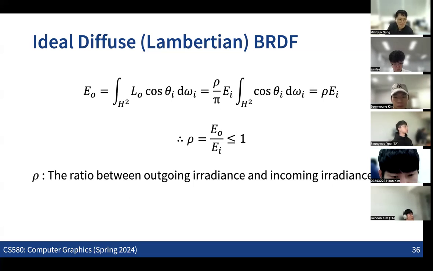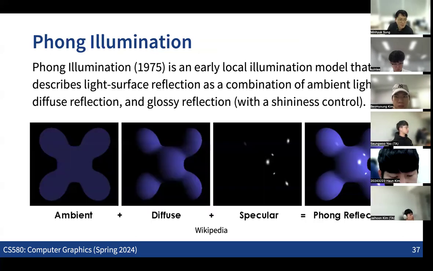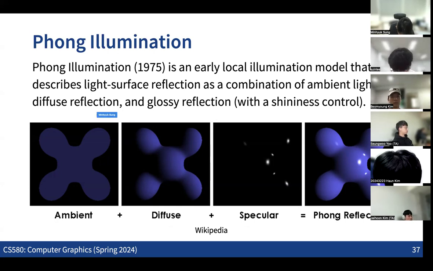So if we just briefly review what we also have discussed in the introduction to computer graphics course in CS380, typically even in many old graphics pipelines, especially using rasterization, we can say that the local illumination is typically represented as a combination of ambient light and also diffuse reflection and specular reflection.